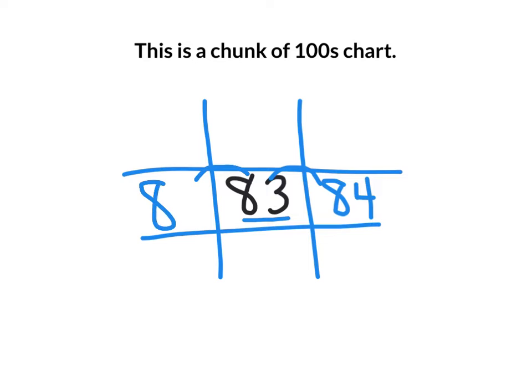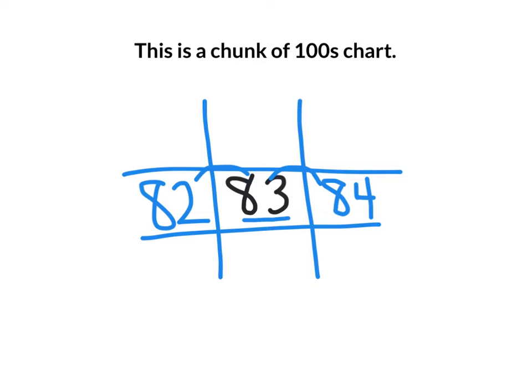That's 82. Okay, now in a hundreds chart, this number that's right above is 10 less. The number that is below is 10 more. The 8 is in the tens place, so the 8 is going to change.